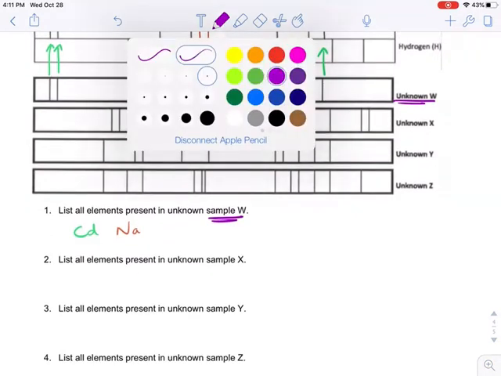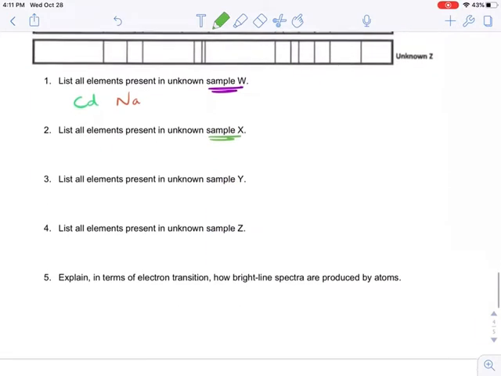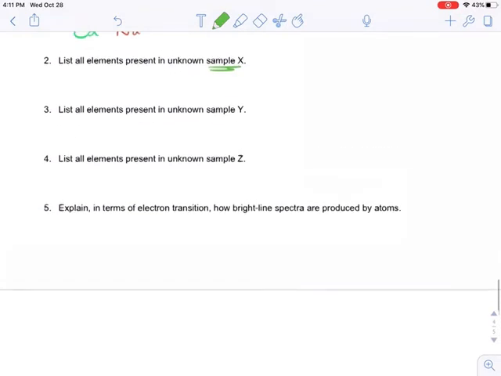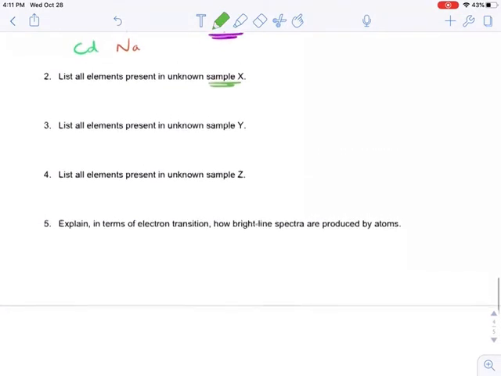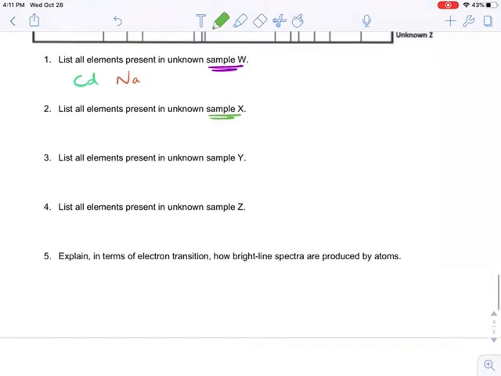Sample X. And so on and so forth. Now hopefully that helps you guys figure this out. I want to let you guys do the rest of those samples on your own.